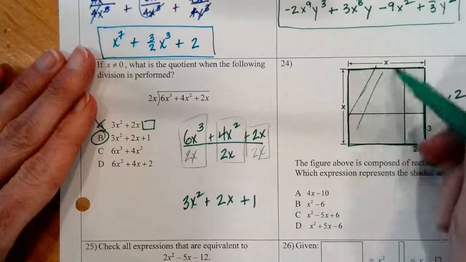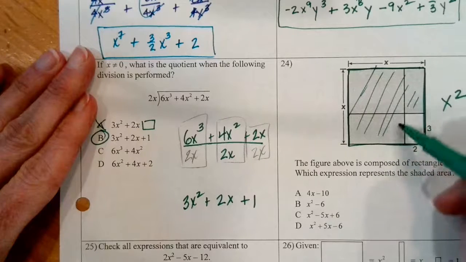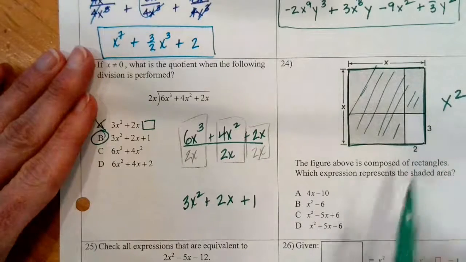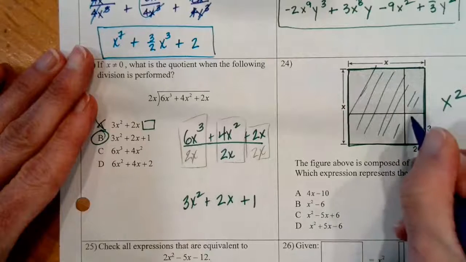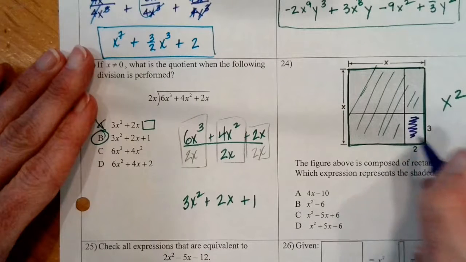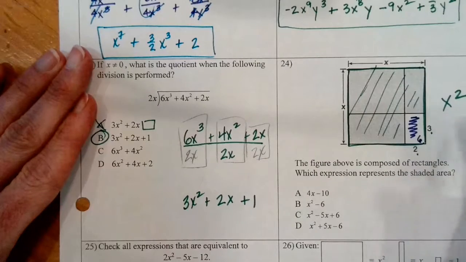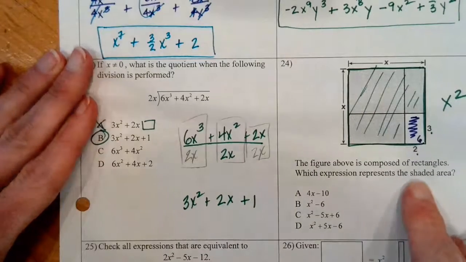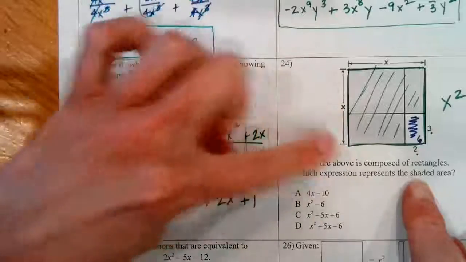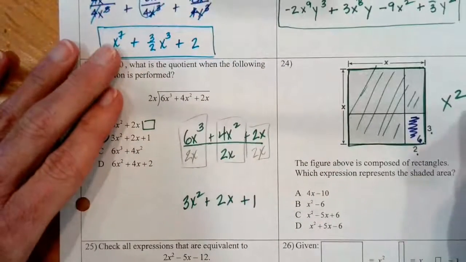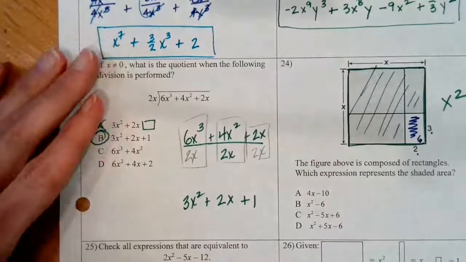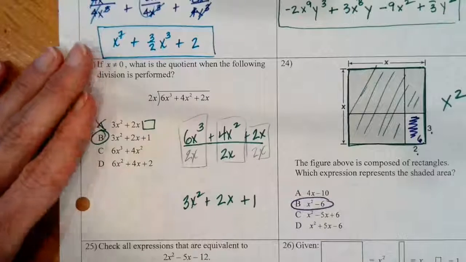So what I want is this whole x squared except for this box here. So this box is 2 times 3, or it has an area of 6. I want the shaded area, which is the entire box of x squared minus that rectangle that I don't want. There's my right answer.